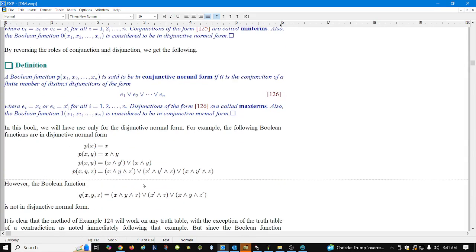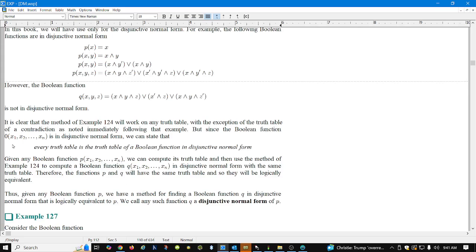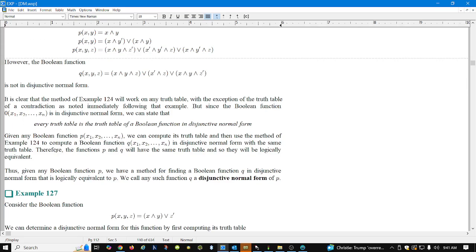Okay. So we can say then that every truth table is the truth table of a Boolean function in disjunctive normal form.